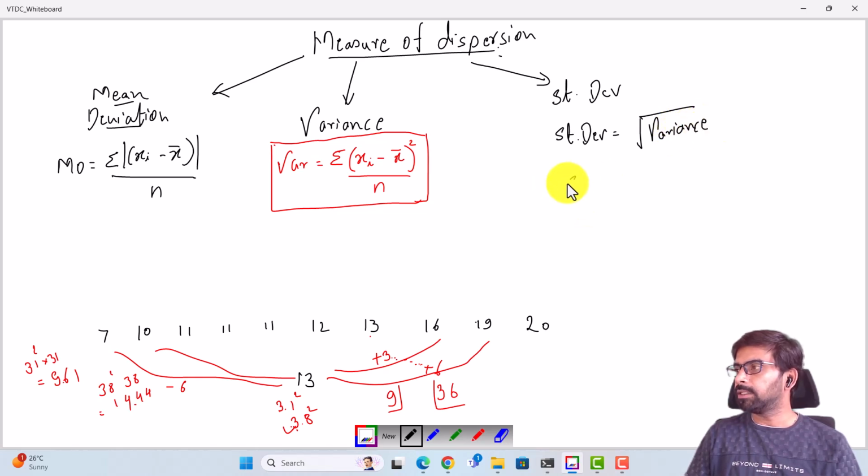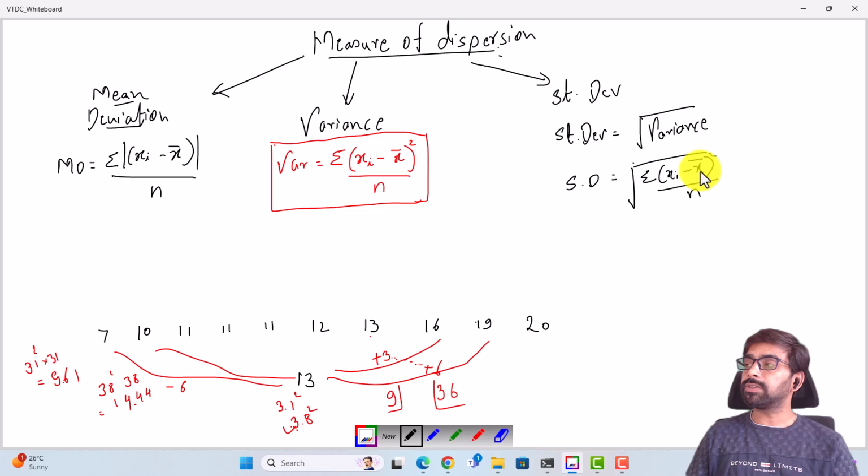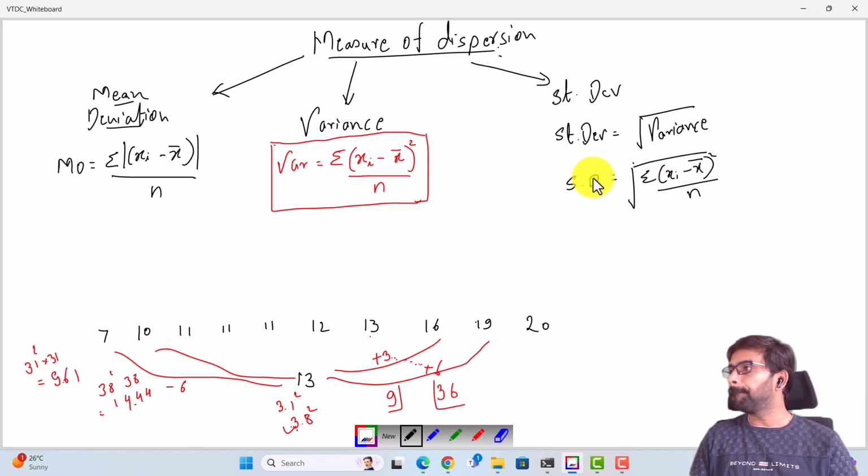That is, the standard deviation SD has the formula: square root of sigma of (xi minus x bar) whole square divided by n. Now this will not be a square root over here, guys, because the entire thing is not squared, only the numerator is squared, so please be careful over there. So this will not be square rooted. So this is my standard deviation formula.